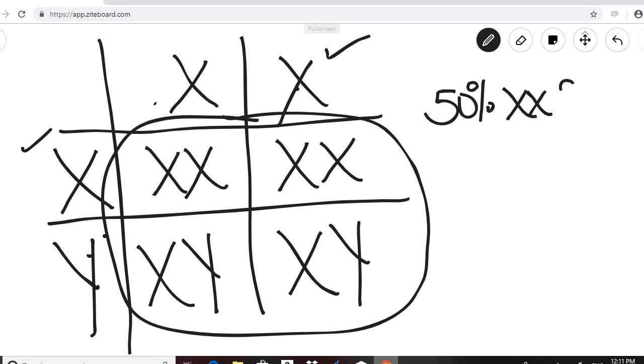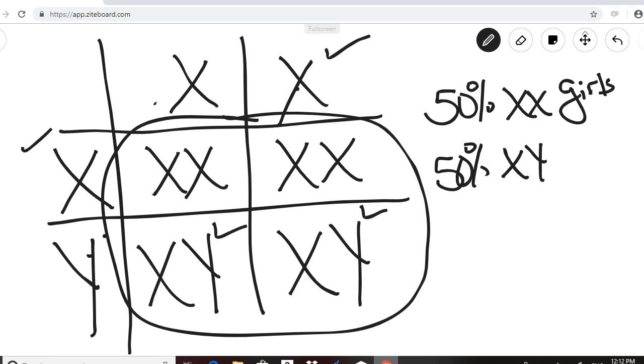So those are girls. And 2 out of 4, or 50%, would be XY. Those are boys. Okay, so every time a couple has a child, there is a 50% chance that it will be a girl and a 50% chance that it will be a boy.